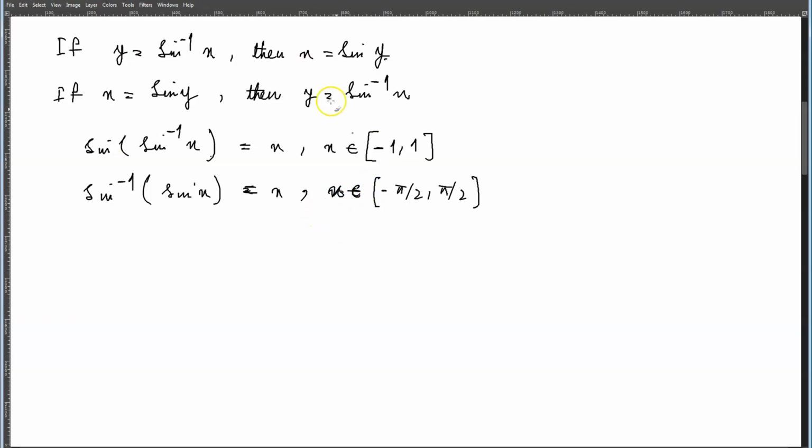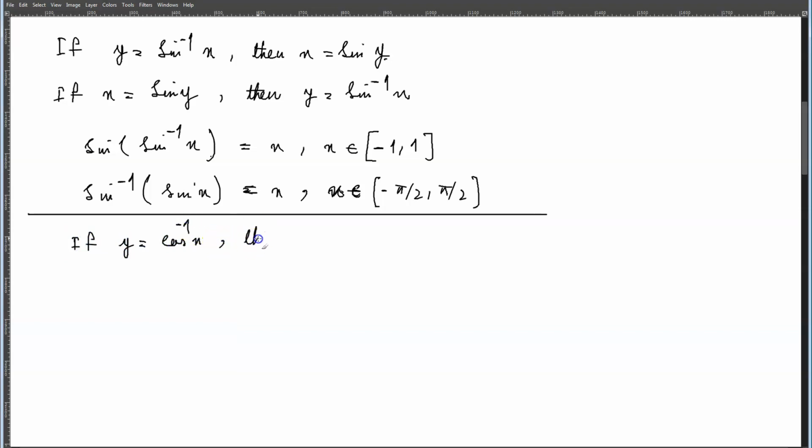And of course the same thing is true in the case of all the other trigonometric functions. For example, if I say that y is equal to the cos inverse of x, then I can say that x is equal to cos of y.